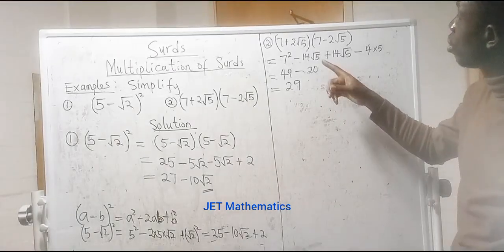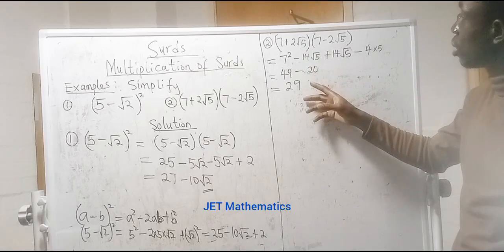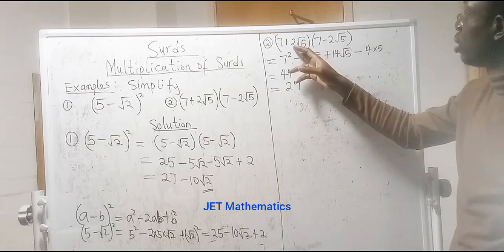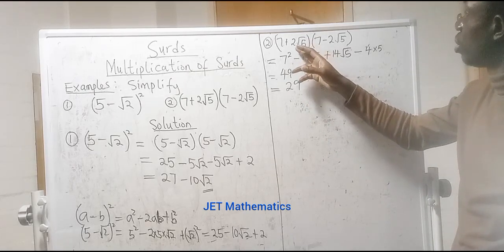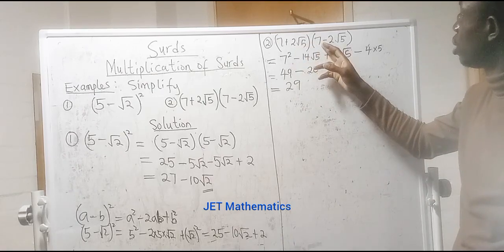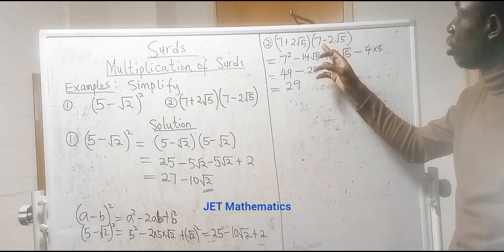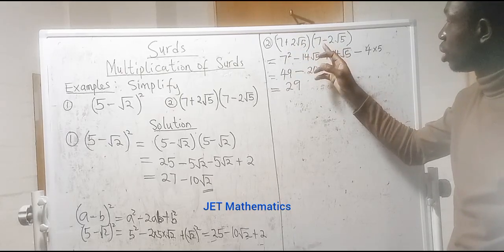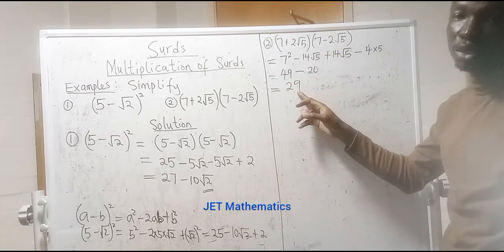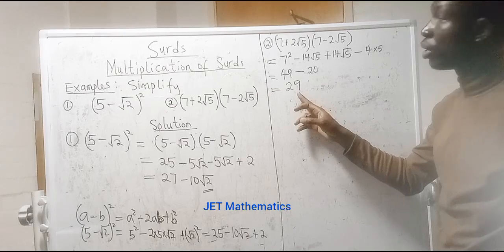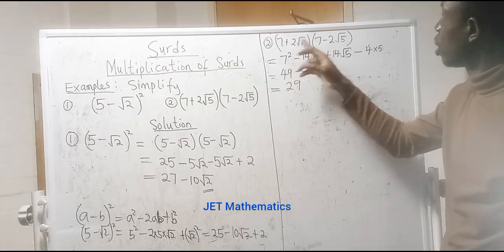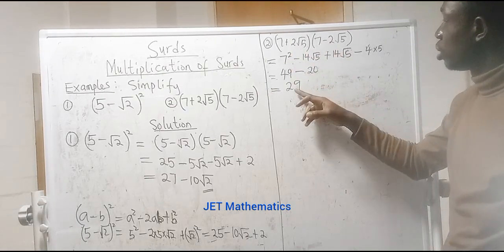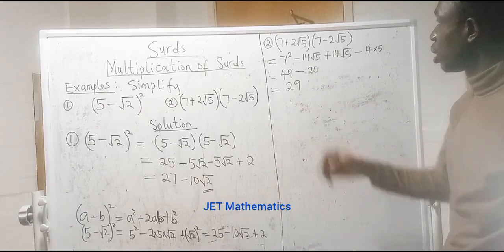Now look here, this is very important. This is a surd and this is the conjugate of the surd. When you multiply a surd and its conjugate, the result is a rational number.